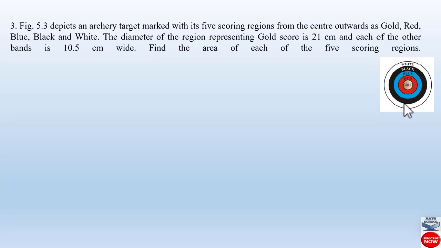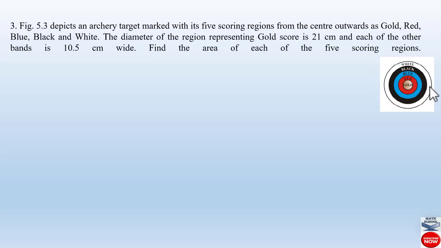Right, so here they have given us a figure also. So the first region is the gold region, which is a complete circle, and the other regions are red, blue, black and white, where you can observe that there is a band formation around this. Also, here you can see that there are concentric circles. Diameter of the gold circle is given and the width of the other color bands is 10.5 cm.